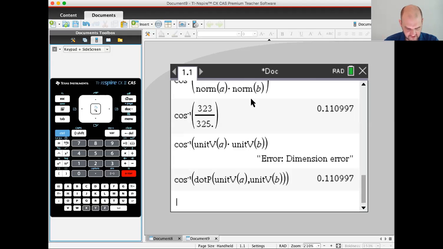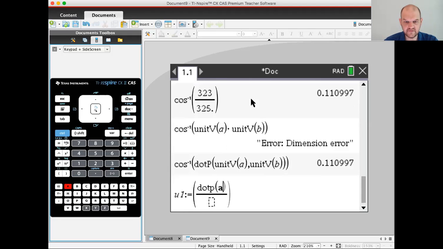All right, for the next one, now we're doing it. We didn't actually calculate this. So the vector u, for this problem I'm going to call it u1, is going to be the norm of u. Okay, so that's going to be the dot product of a and b over the norm of b, and then I'm going to multiply that by the unit vector of b.